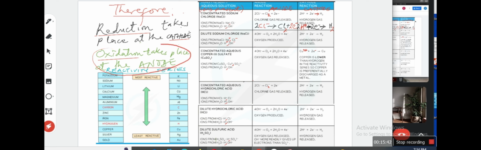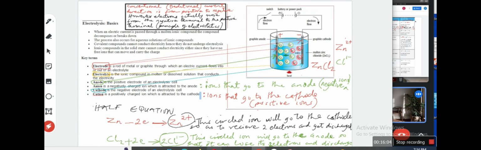Oxidation is gain of oxygen, loss of electrons, loss of hydrogen. In this case, only explain it in terms of electron transfer. Oxidation is loss of electrons. Oxidation is loss of what? Electrons. So go back to the previous page so that you see how that plays out.